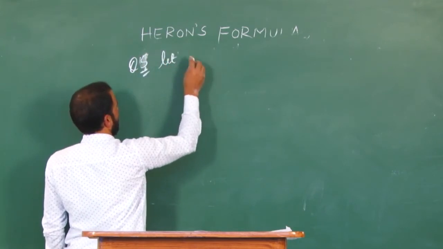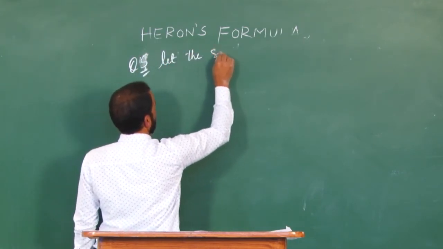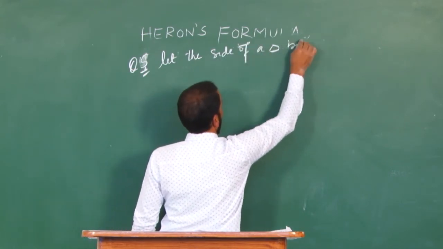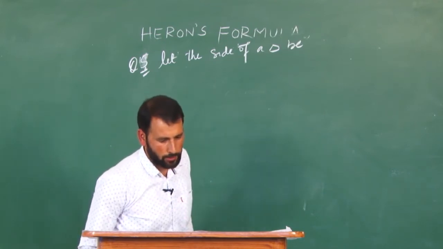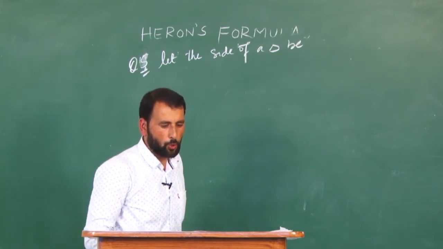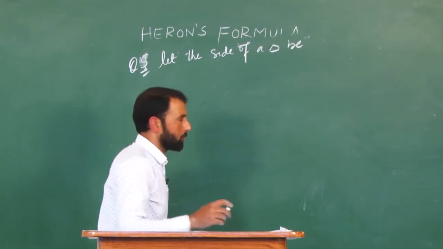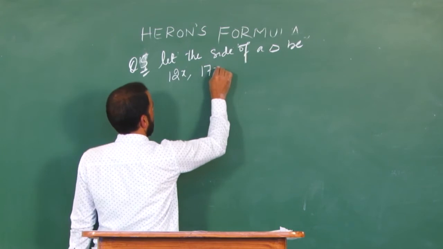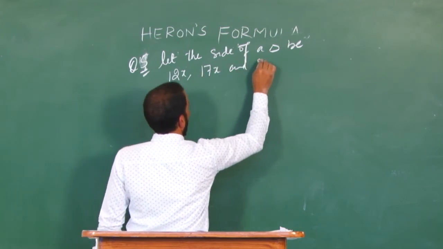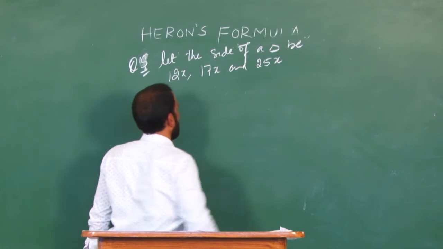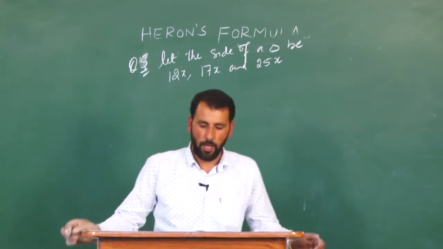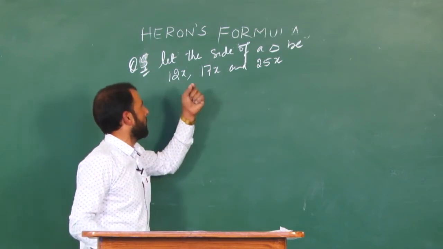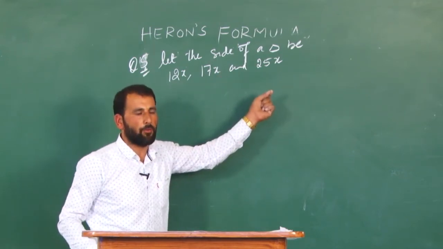Let the sides of the triangle be 12x, 17x and 25x, because they are in the ratio, so we put an unknown variable x. So all three sides of the triangle are now given: 12x, 17x and 25x.